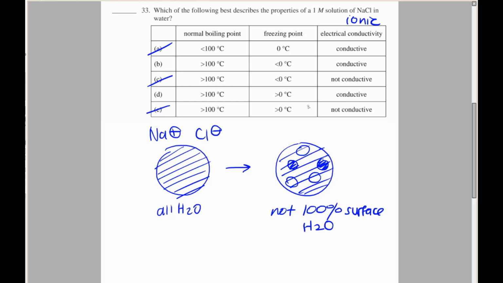Whenever water freezes, it forms a crystal lattice, and this lattice has a pattern. Normally, if we just have all water molecules, the lattice doesn't have issues forming because the pattern is not disrupted. But when we add these Na+ and Cl- ions into the mix, it's going to be disrupted. It's going to make it harder for the lattice to form in the proper pattern.